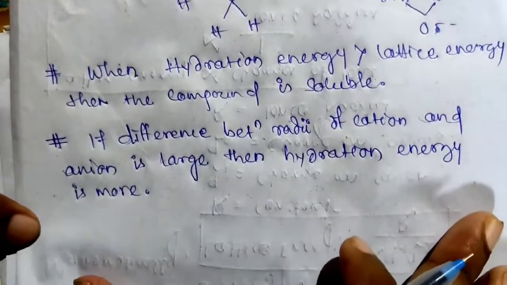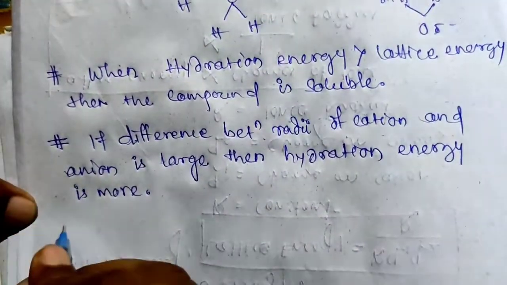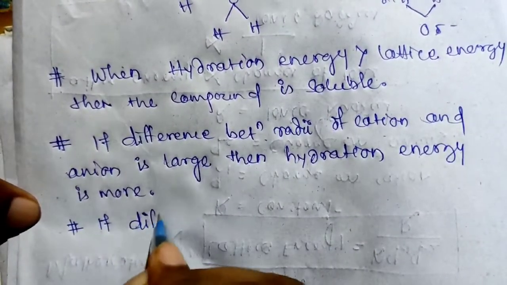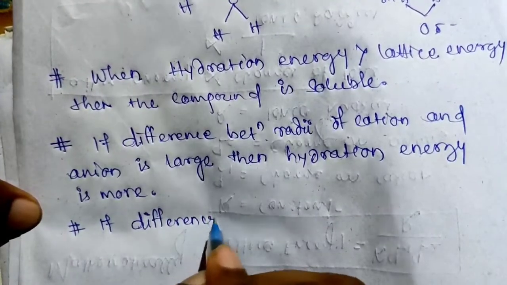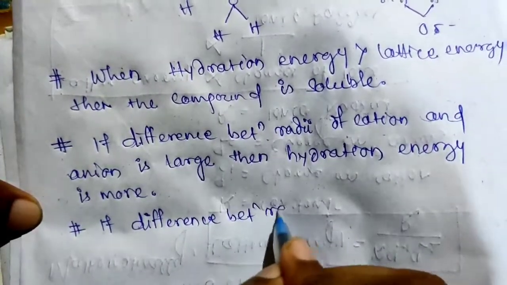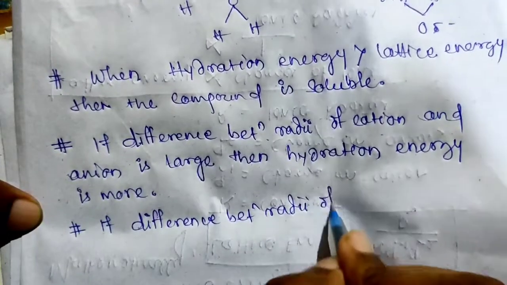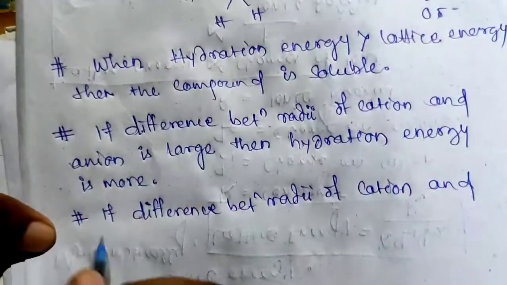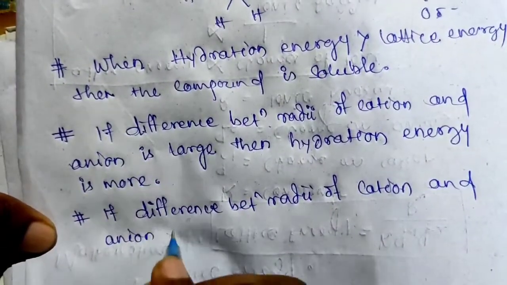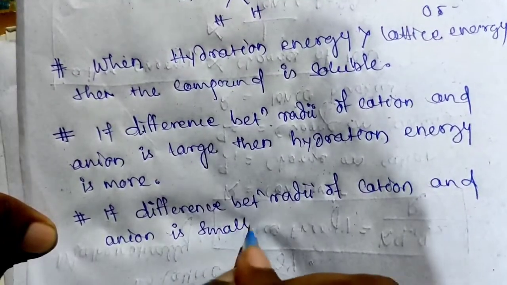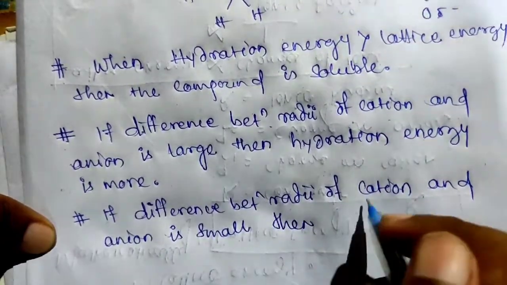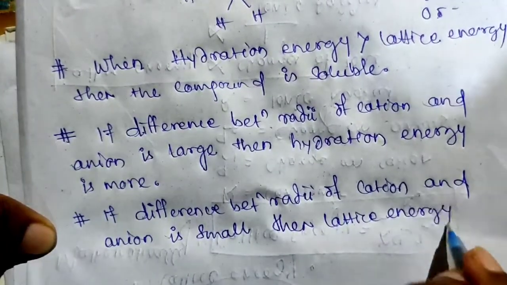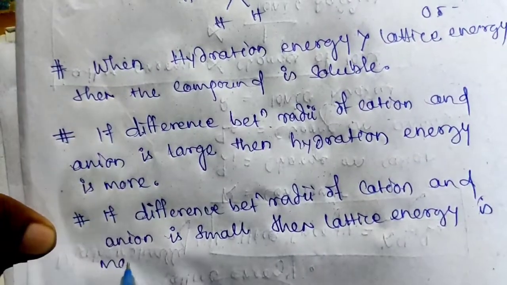Okay. Similarly, if the difference between radii of cation and anion is small, then lattice energy is more.